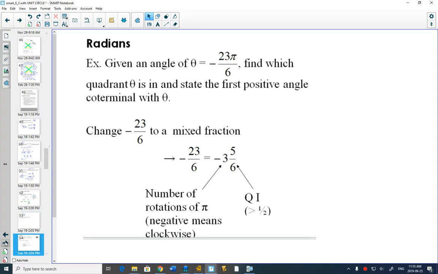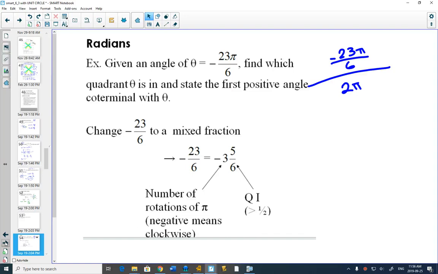And now in radians, we could do radians with our calculator as well. Same strategy. If you had a calculator, you could take negative 23 pi over 6 and divide it by 2 pi, just like we divided by 360 and you get a decimal. But most of the time our radian questions are non-calculator.